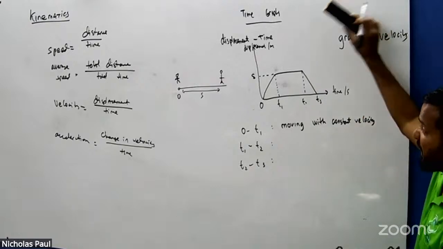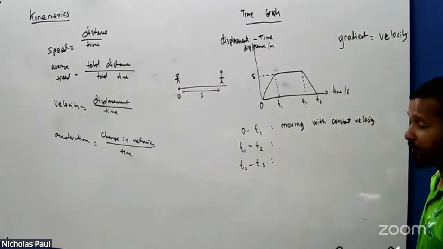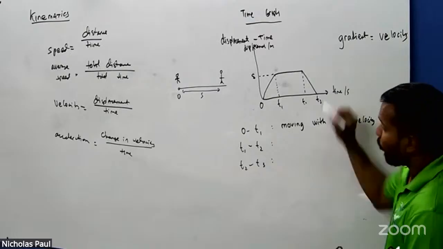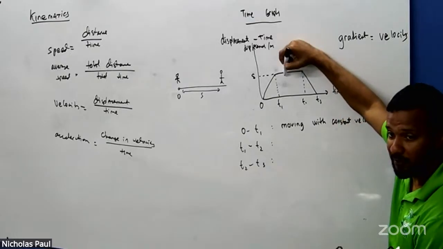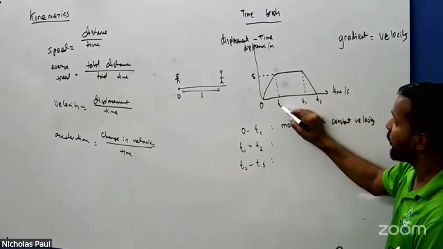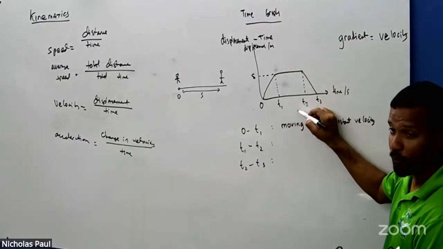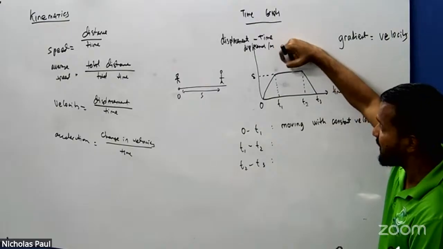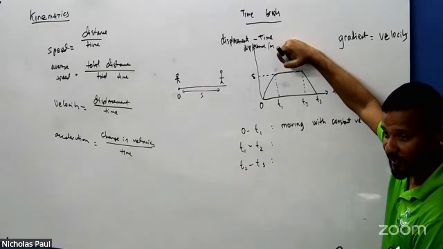You'll do this exact same thing in maths. What do you think is happening here? There's a horizontal line. So between T1 and T2, is his displacement changing? It's staying the same.